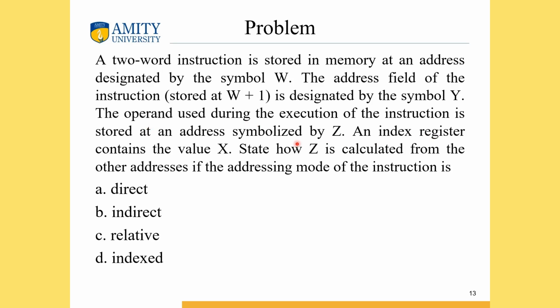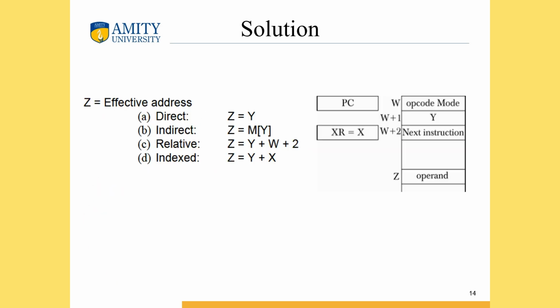An index register contains value X, and now we are going to state how Z is calculated in these four different modes. So looking at the format, we have the opcode and mode, which is stored at W. At W plus 1 we have Y. The next instruction is denoted by W plus 2. XR, which is our index register, holds X, and Z is the address for the operand.